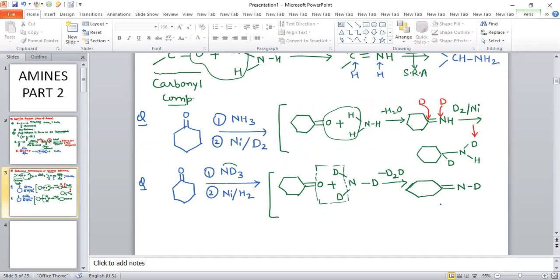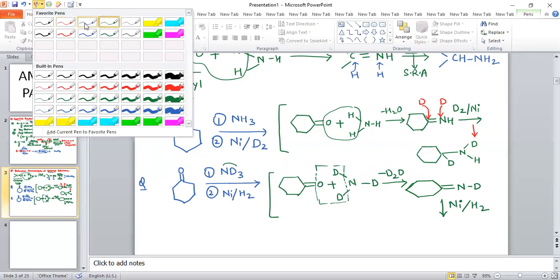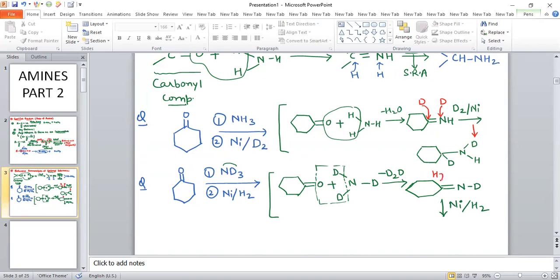Now in the second step, nickel is added along with hydrogen. So this time hydrogen is added. When hydrogen is added, one hydrogen comes on this carbon and one hydrogen on this nitrogen, and this double bond will convert into single bond.